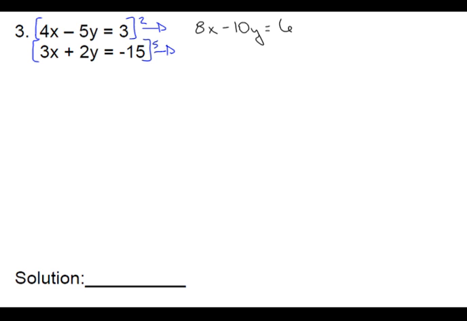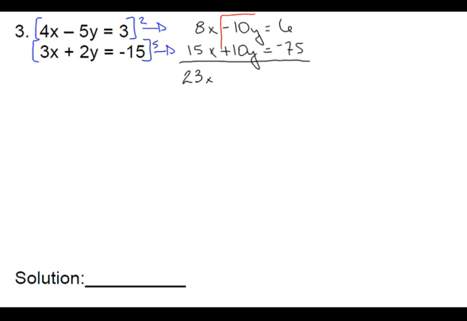On the bottom, I have 15x plus 10y is equal to a negative 75. I now add straight down. 8 and 15 gives me 23x.